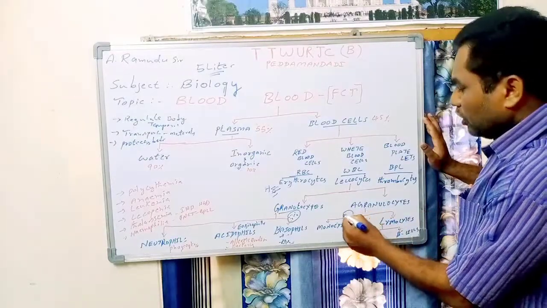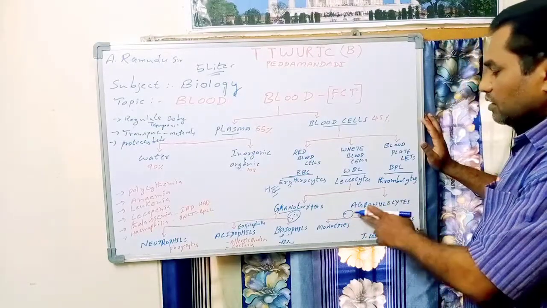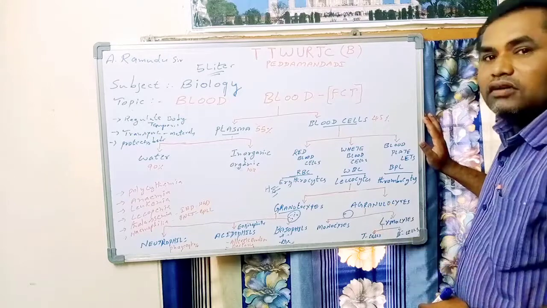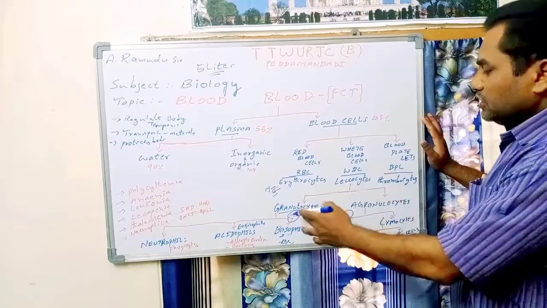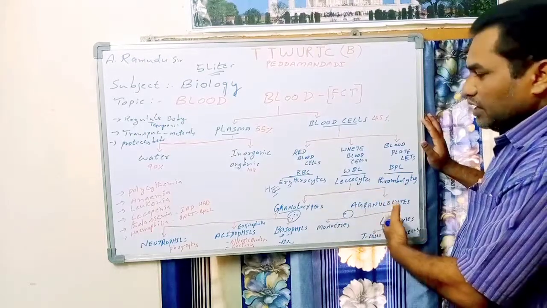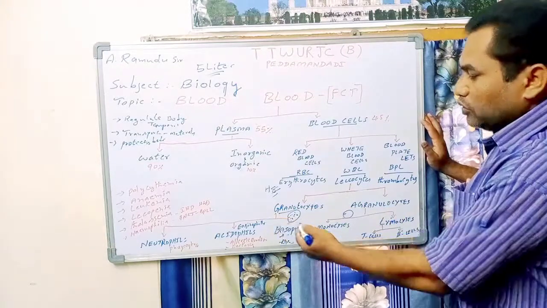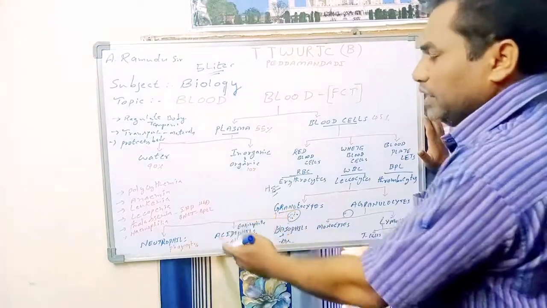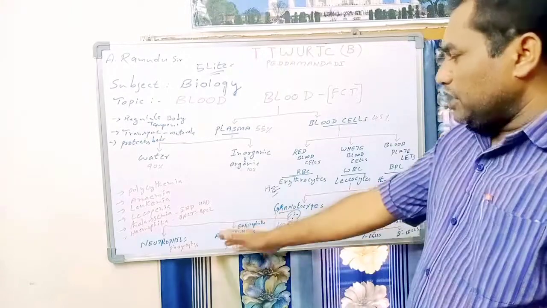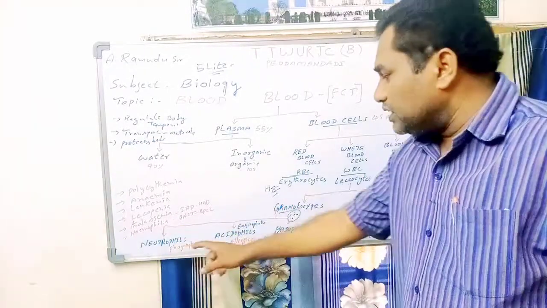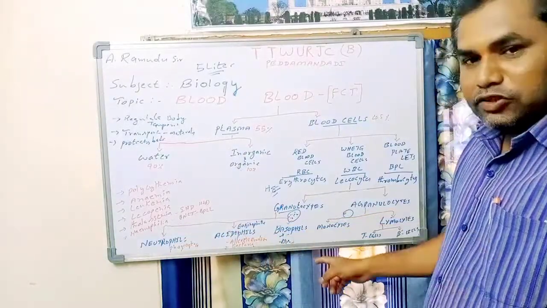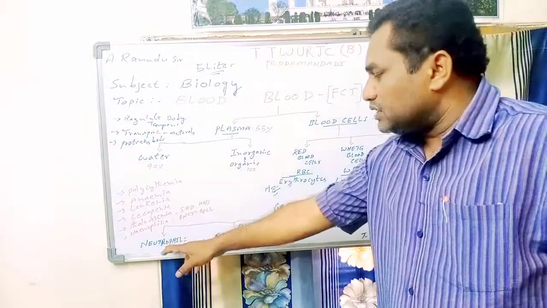Because of the absence of sand-like particles, agranulocytes. Granulocytes are again classified into three: neutrophils, acidophils, basophils.